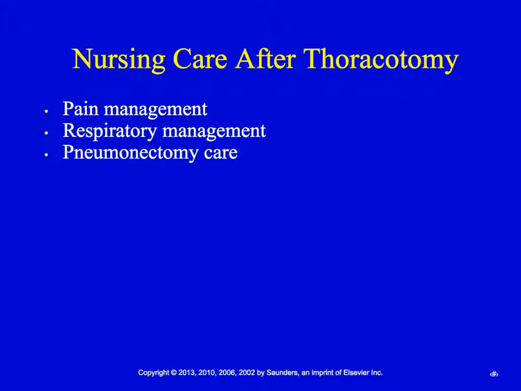And the really big thing, pain management is number 1, if you notice up here, because you looked at those incisions and they're going to have a lot of pain. But we also want them to breathe, cough and deep breathe. But if they're in a lot of pain, they are not going to do that for you. So you have to get their pain under control and then ask them to cough and deep breathe.